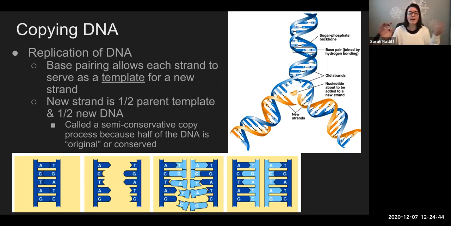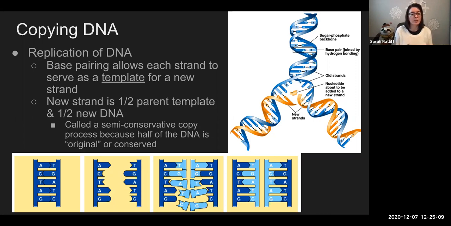So we're breaking it in half at those hydrogen bonds between our nitrogenous bases. Then we're going to pair our bases. If A's always go with T's and T's always go with A's, we know what the other side needs. If C's always go with G's and G's always go with C's, we know which base we need to pair. This way, we can duplicate and have 2 exact same strands of DNA.